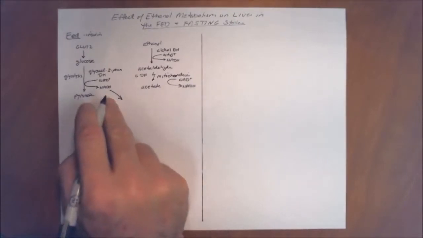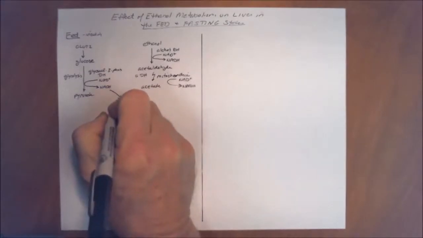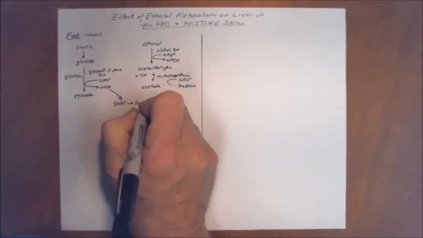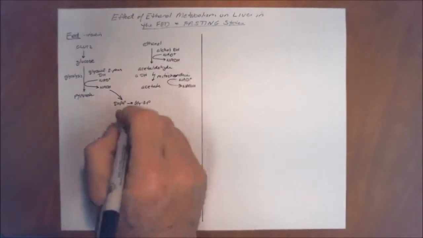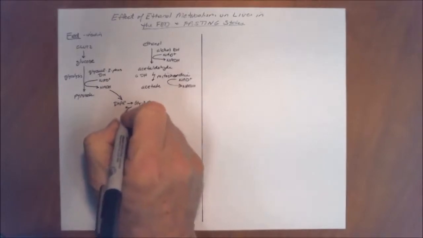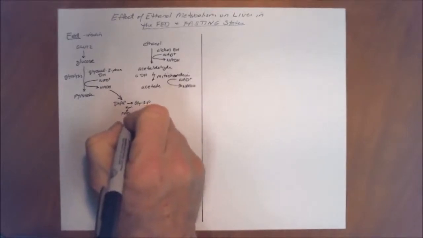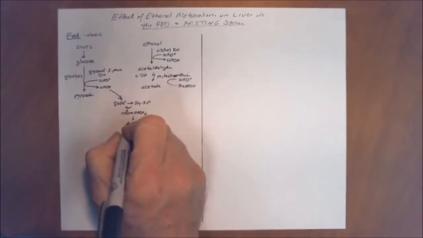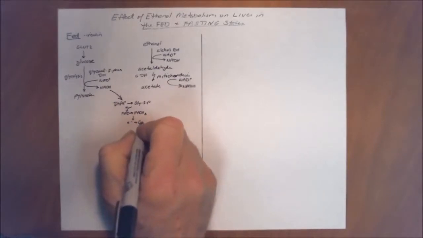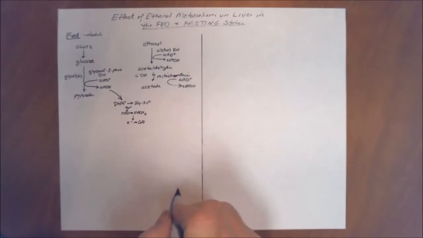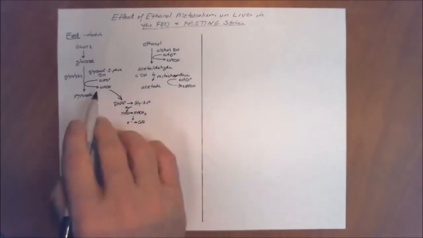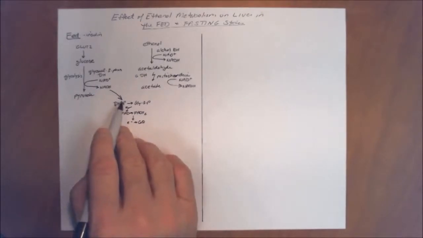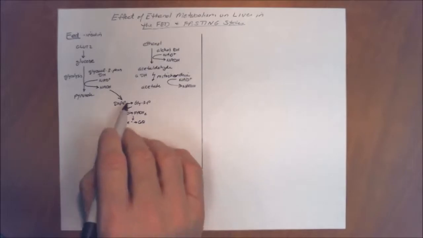The normal process in the fed state is for transferring these molecules by reducing DHAP into glycerol 3-phosphate by the dehydrogenase enzyme, and then the reverse reaction where, with the same enzyme, we reduce FAD to FADH2, and then these electrons can be placed into the electron transport chain at the level of CoQ. Under normal fed conditions, this transfer of electrons in this electron shuttle mechanism is very efficient.